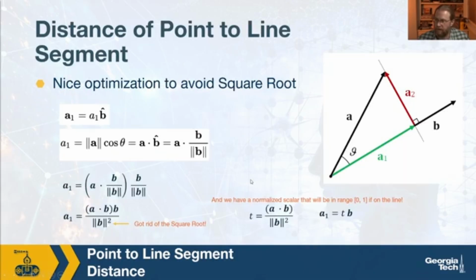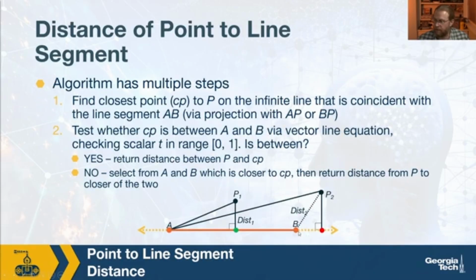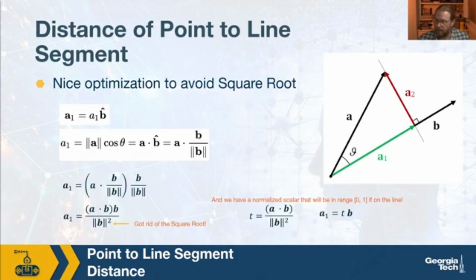If it is, we would know it's beyond b. And if it's less than 0, it would be behind a. In those cases, we know to not use the distance from CP to P. We would instead use the distance from P to either A or B. So we just have some simple conditional logic where we can look at t. This is a nice little concise way of handling the calculation.